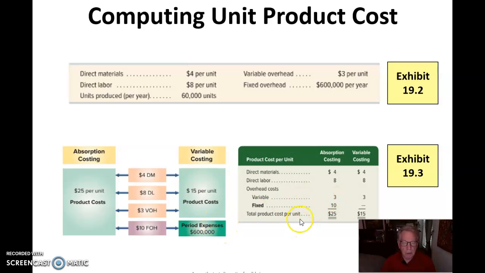If I look at this for the moment, it's fairly easy to understand here. We have this $10 of fixed cost. How did we get it? We took $600,000 of fixed overhead divided by the 60,000 units of production. Now, that $10 does not appear in the variable costing column because we're going to expense that in the current period. Important.